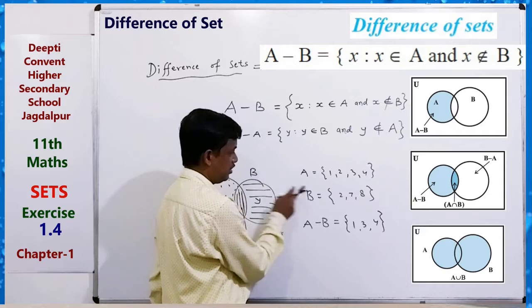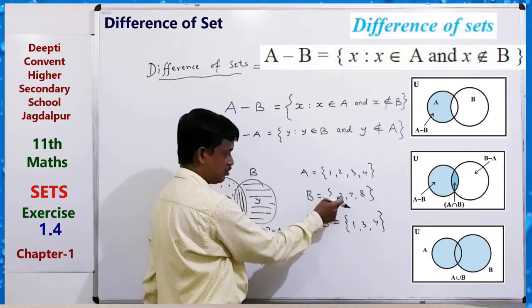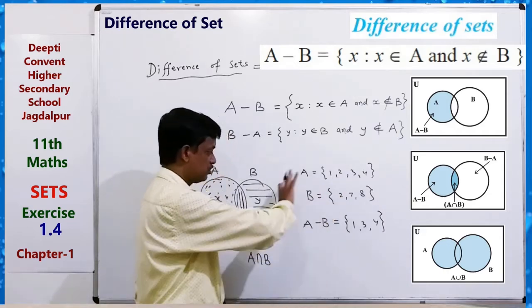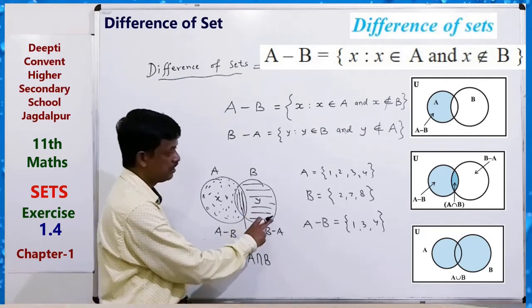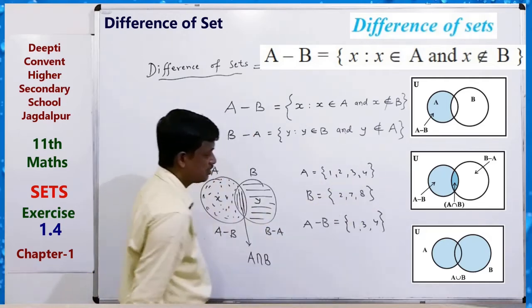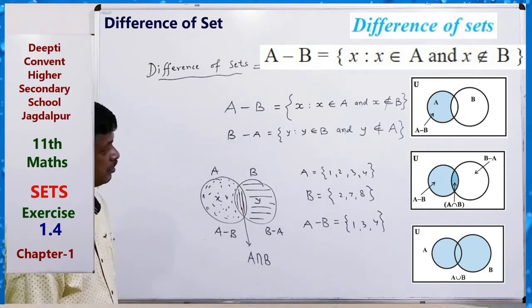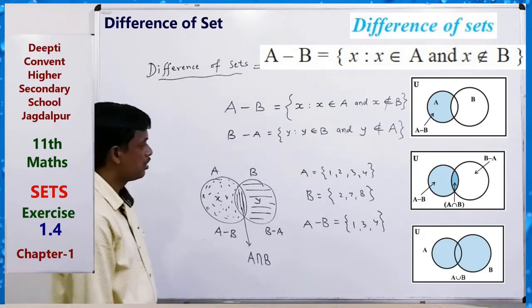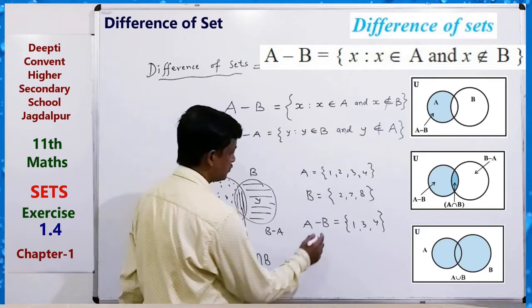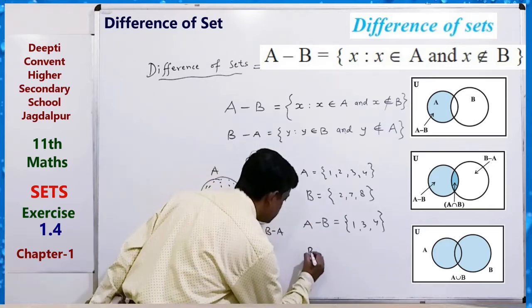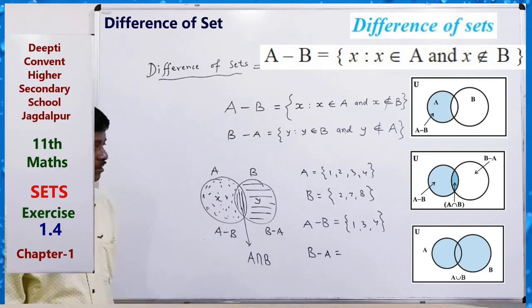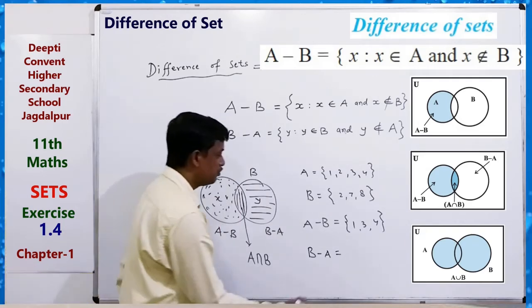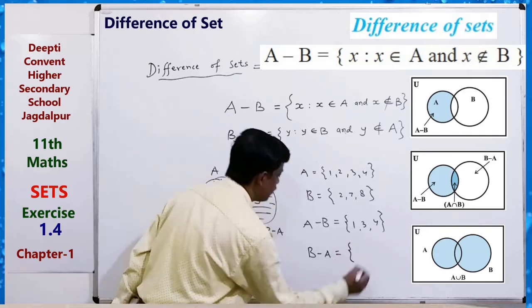Because 2 belongs to A and 2 also belongs to B, the common part is neglected. And B minus A will be what? The elements of B not contained in A. What are the elements of B?